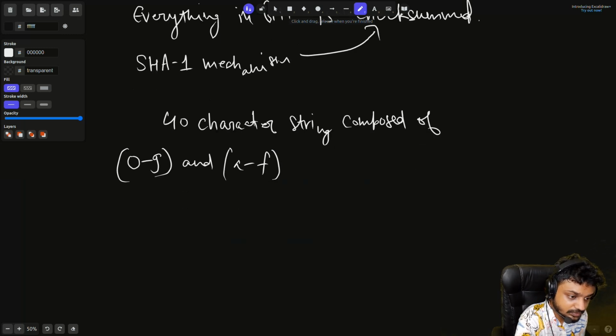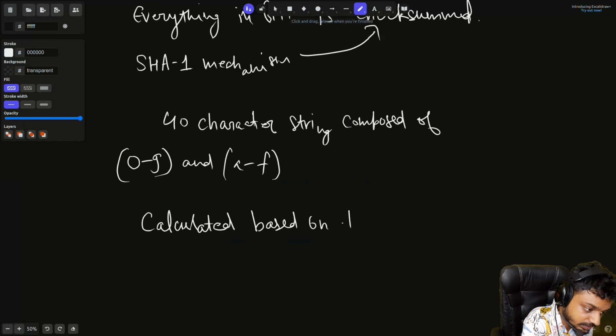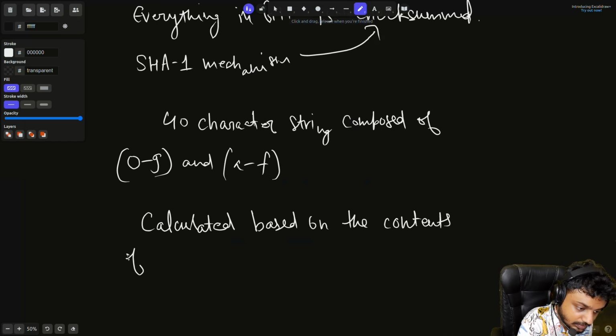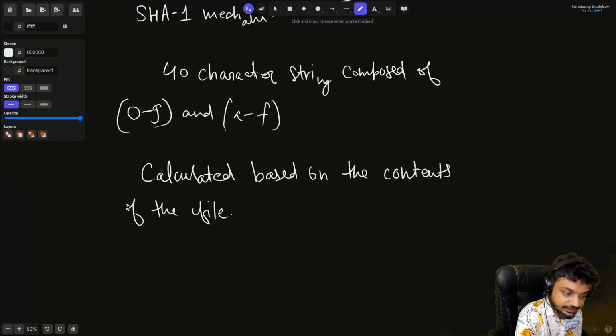So it is calculated based on the content of the file, right? It could also be the directory structure as well.